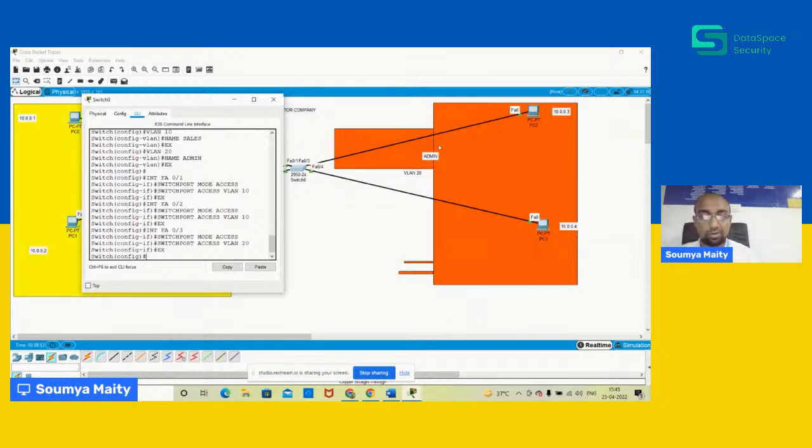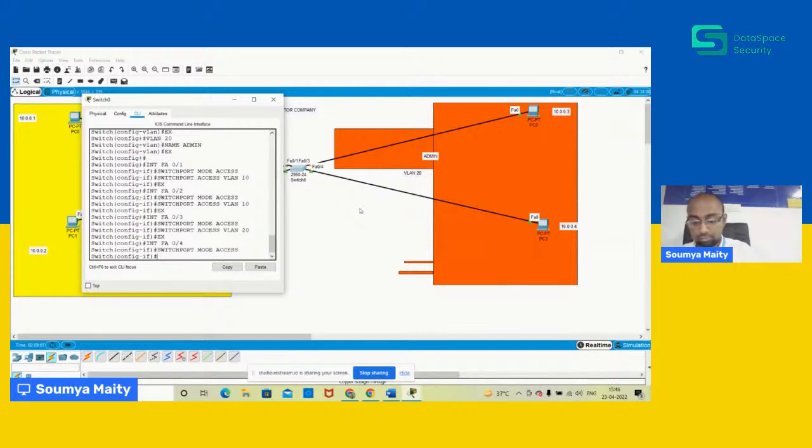Then go to another interface, FA0/4. Int FA0/4, then switchport mode access, then switchport access vlan 20.